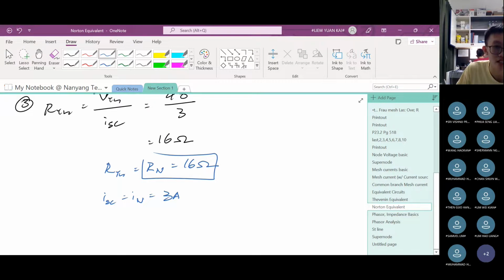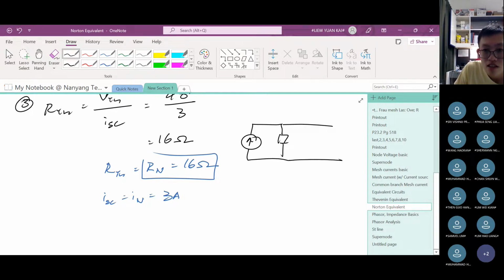So if I want to change this into a Norton equivalent circuit, I take the current source, connect it in parallel to the Norton resistance, which is 16 ohms, 3 amperes, and this is A, this is B, right? This is the Norton equivalent.